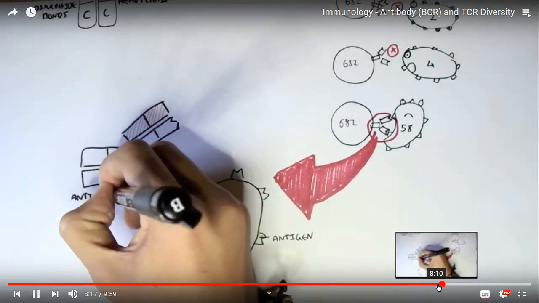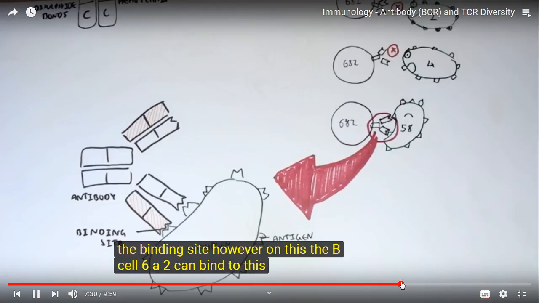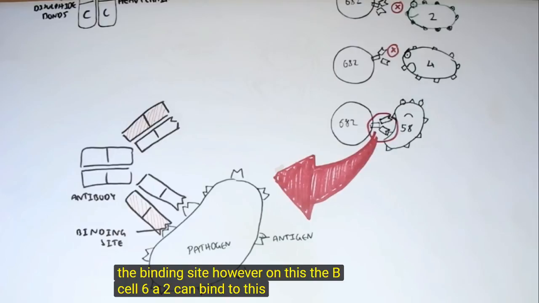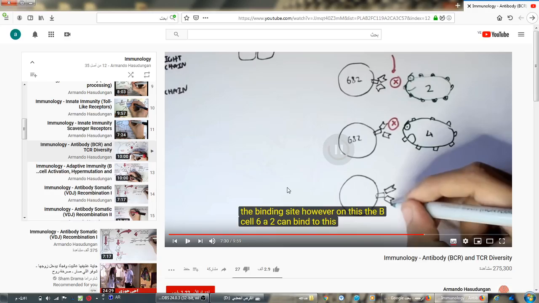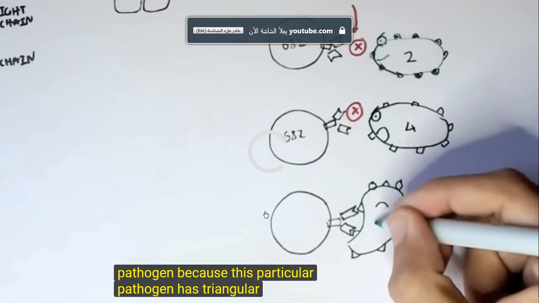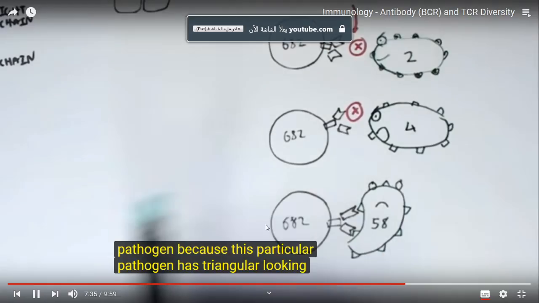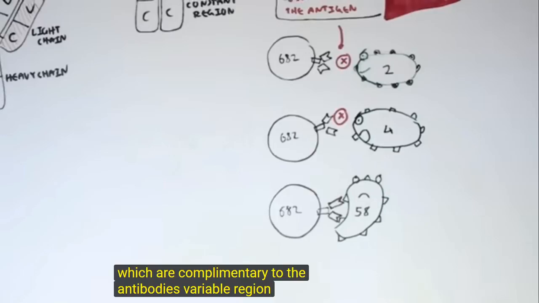Regions. So here's the antibody. The V region contains the binding site, which binds and latches onto this particular pathogen, because this particular pathogen has triangular looking antigens which are complementary to the antibody's variable region, the antibody's binding site.